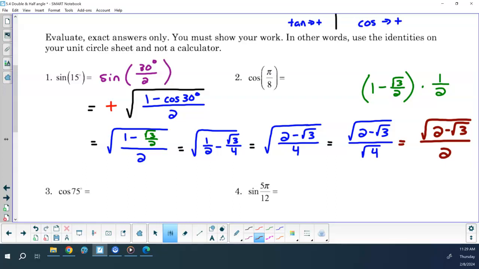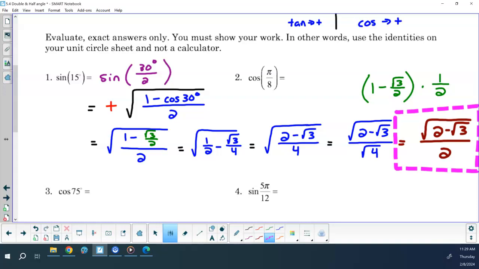But because it's addition and subtraction inside of there, it's got to stay like that. So that is what the sine of 15 degrees is equal to.